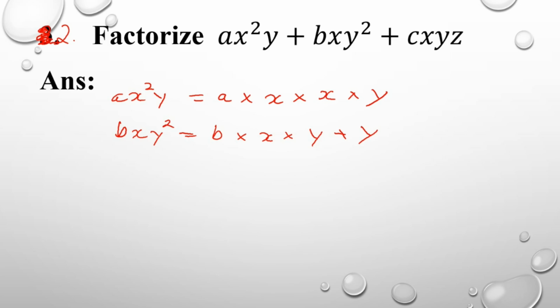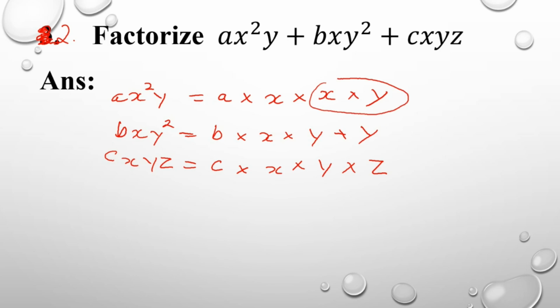And cxyz can be written as c into x into y into z. Now if you look carefully, you will find xy is the common factor.